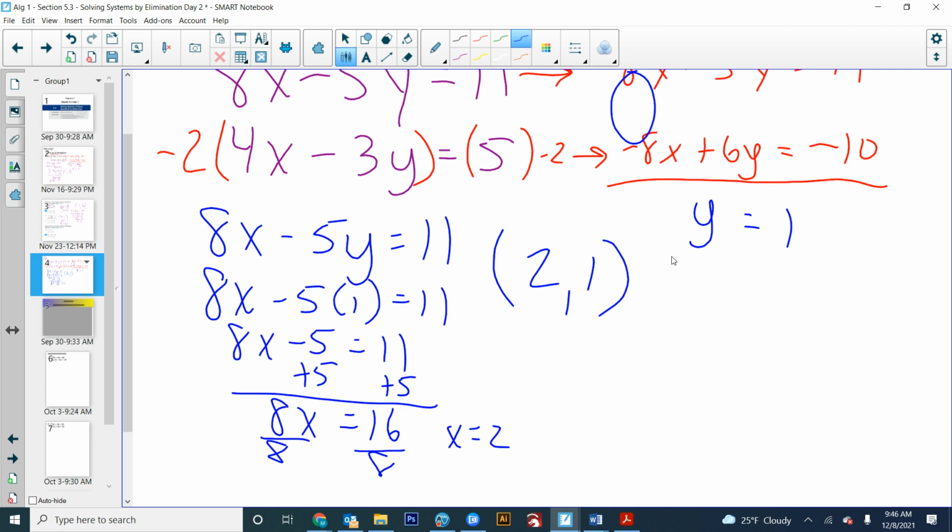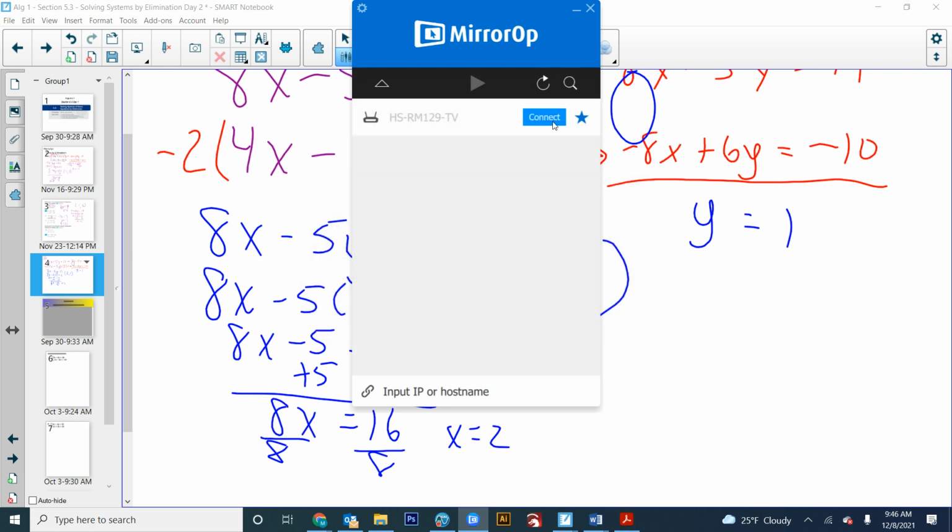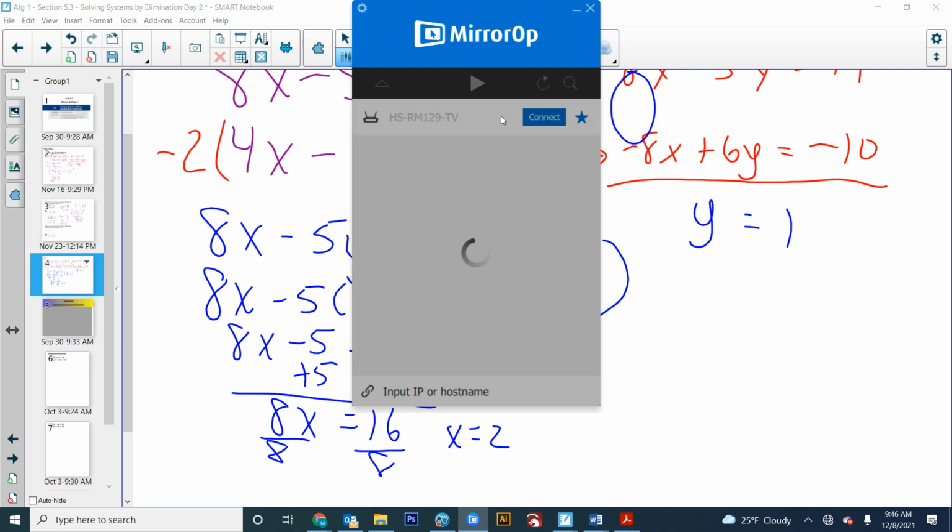Why would I multiply this bottom one by 3? What would it set up? It would set up -9y, 9y equals 20. If I multiply everything here by 3, and you've got to watch your signs, guys, wouldn't this be 15y minus 9y equals 30? What did I just do? Set up for what? Elimination with my y's.